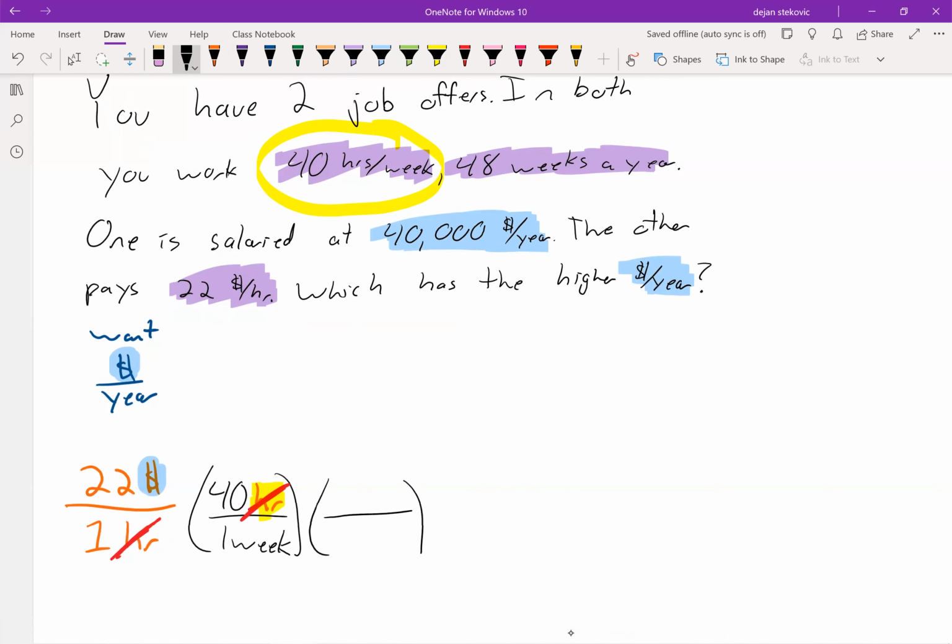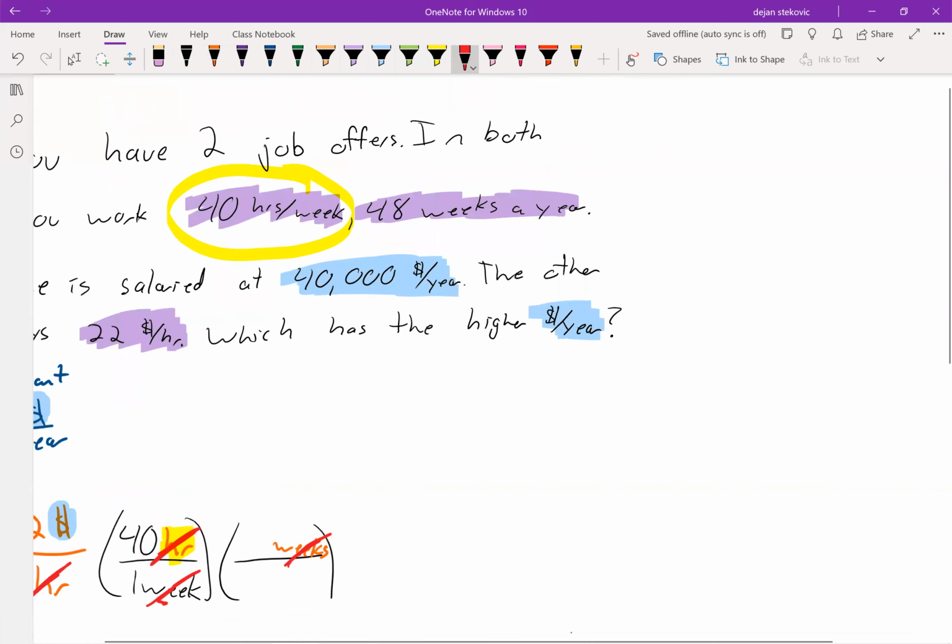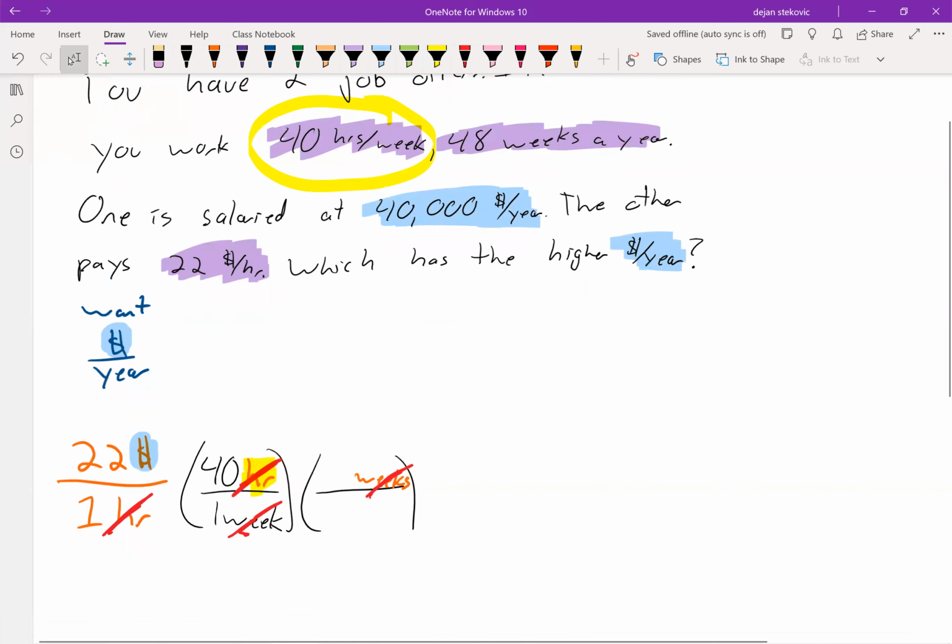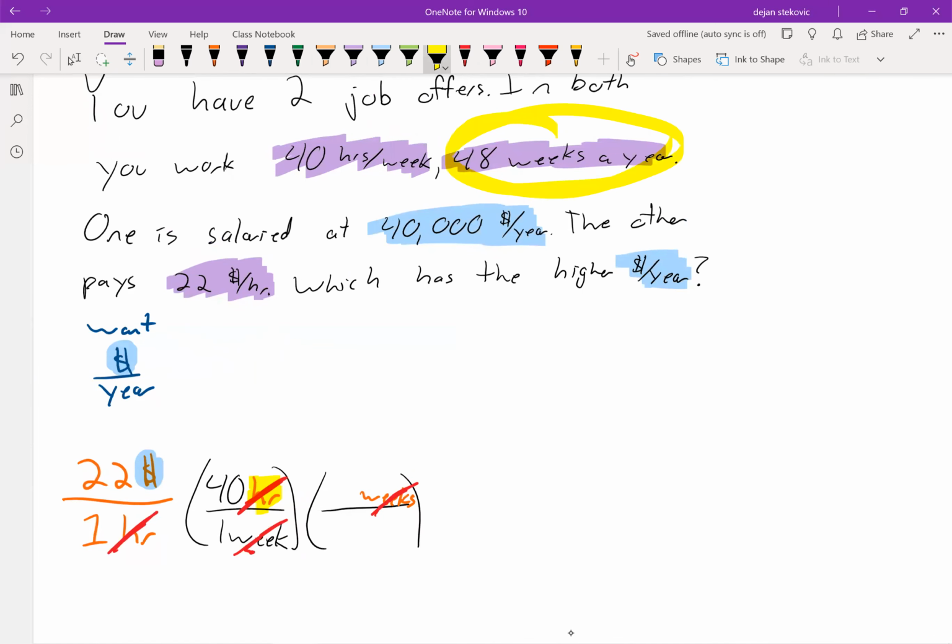If we think about what number we have on the bottom, we have weeks, but we want years, so we're not quite there yet. But I know instantly, boom, I can just put weeks up here because that's what I need to cancel out. So then I just have to go through my problem and hunt out where is weeks. Well, I see it right there, 48 weeks in 1 year. Boom, the weeks and the weeks cancel out.